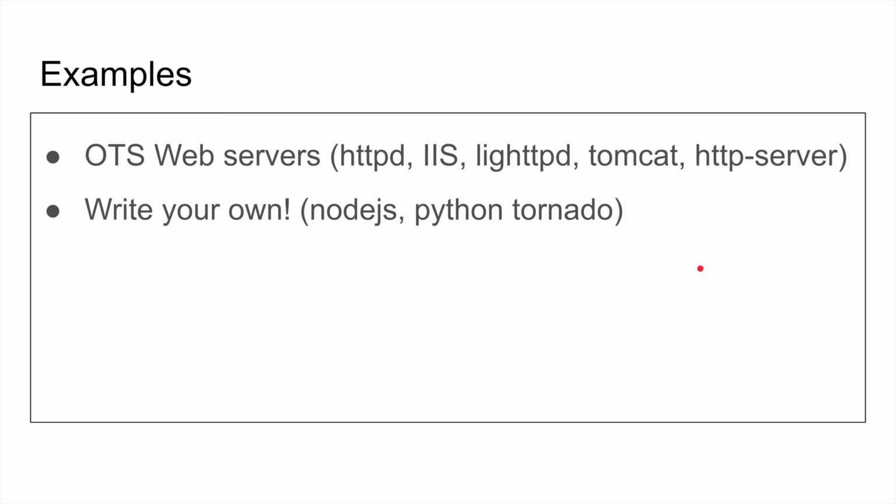So you can use an existing web server, or you can write your own. You can just use Node.js as a web framework, or you can use Python Tornado. So guys, you can write your own web server as well, and you can use Node.js for that. You can use Python Tornado, and that gives you the bare bones of things.